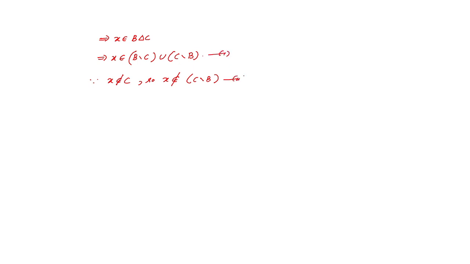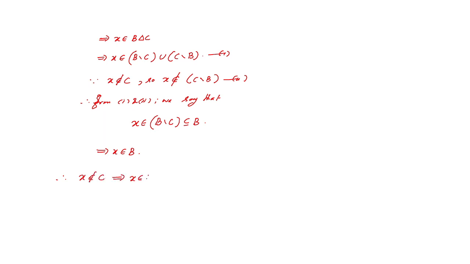From 1 and 2, X belongs to B minus C union C minus B, and here X does not belong to C minus B. Therefore from 1 and 2, we say that X belongs to B minus C, and B minus C is also a subset of B. So what have we proved? We proved here X belongs to B. So in case 1, X does not belong to C implies X belongs to B. That we have proved in case 1.